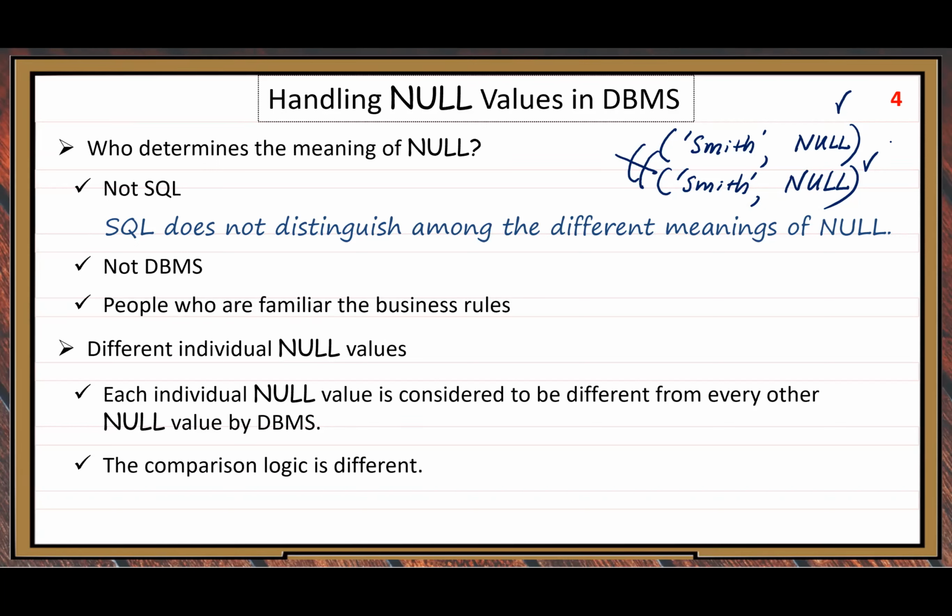The comparison logic is different. When you compare these two values, a value A and a value B, if A takes null and B also takes null, the result is false. Null compared with null, they are not the same. So the Boolean value is false, not true.